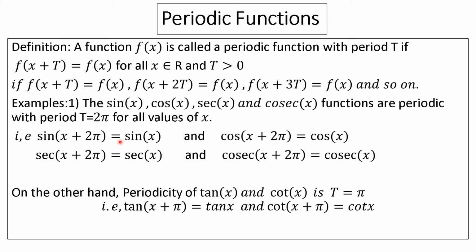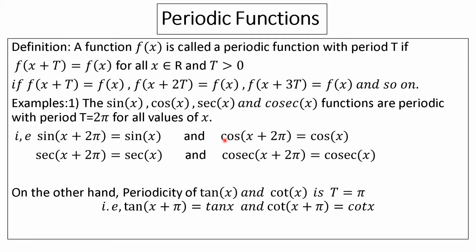The function has periods 2 pi, 4 pi, 6 pi, etc. However, 2 pi is the least value and therefore the period of f of x is 2 pi. I hope you are understanding.